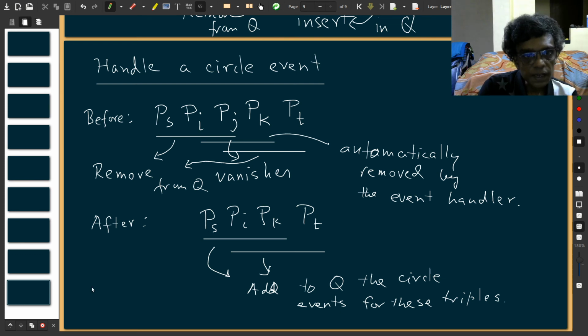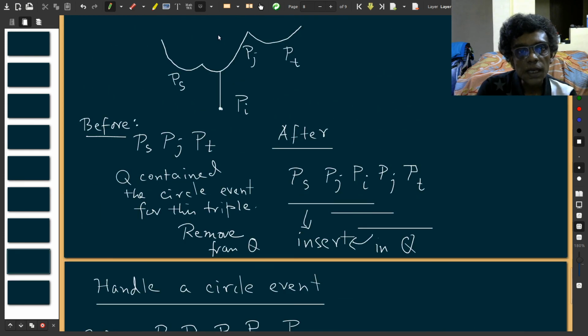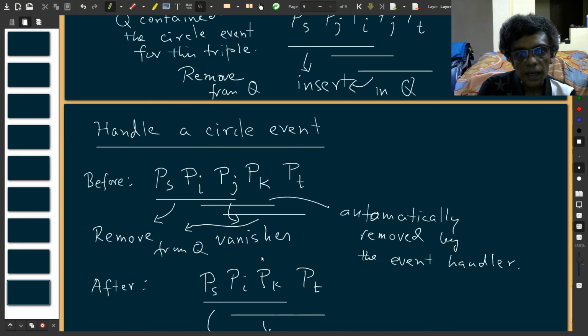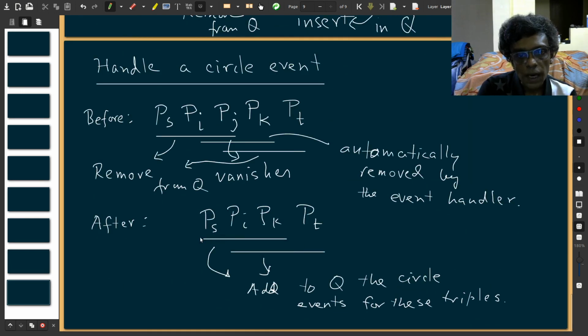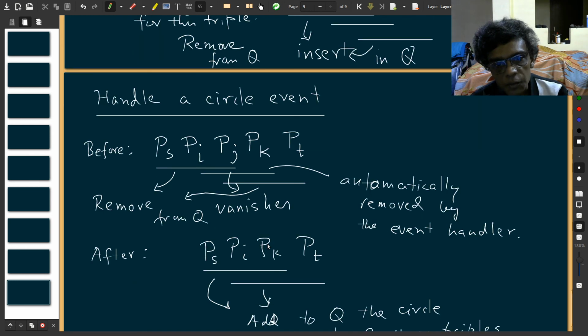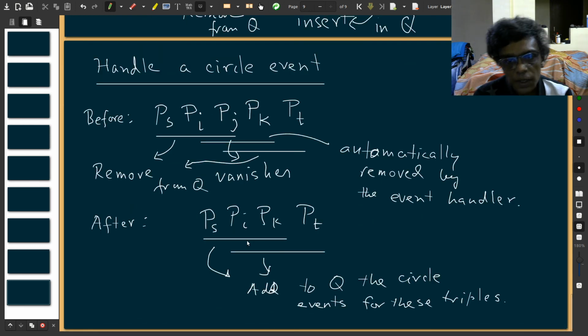But you see that in both the site event and circle event, you need to make arbitrary deletions from Q or additions to Q. Insert, delete. Insert is not that a problem even if you use a max priority queue. But deletion is a problem because it's an arbitrary deletion.